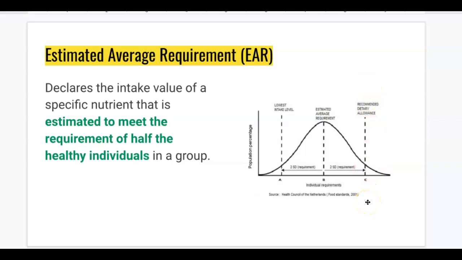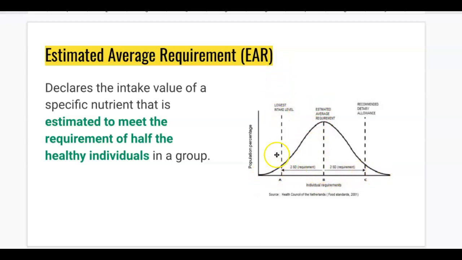So when we want to determine an estimate of a recommendation, maybe we don't have a whole lot of information to pinpoint a specific nutrient intake to maximize health, but what we can do is look at a population of healthy individuals, see their average intake, and we can put that right in the middle and say, all right, this is the estimated average requirement because we have this group of healthy people.